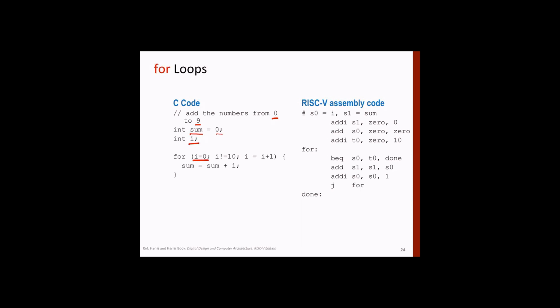The for loop is for I is equal to 0, then the condition I is not equal to 10, meaning I can go up to 9, then increase I by I plus 1, and sum is equal to sum plus I. Sum is initially 0, after the first loop it becomes 1, after the second loop it becomes 1 plus 2, and so on. It goes up to I becoming 9, because as soon as I becomes 10, your loop ends.